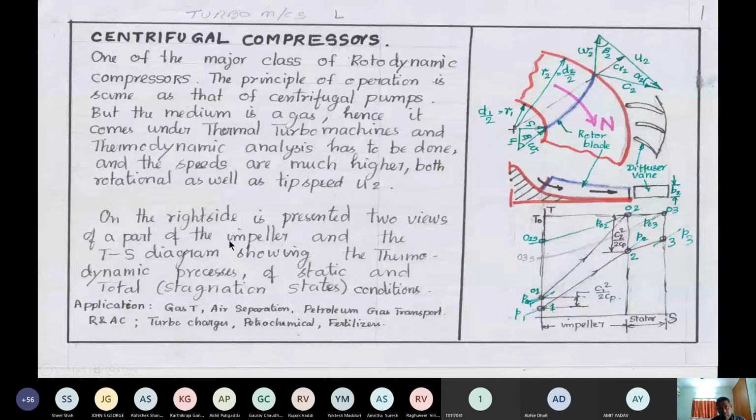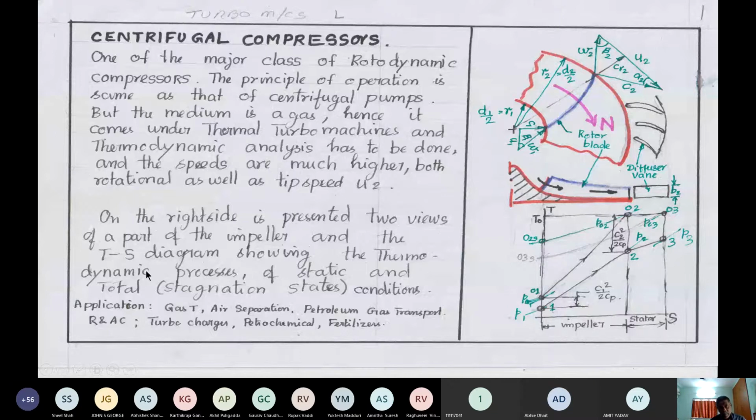Now coming back to our centrifugal compressors. It is used in gas turbines, where initially the gas has to be compressed. Now it is important: what about the power that is spent for compressing air?